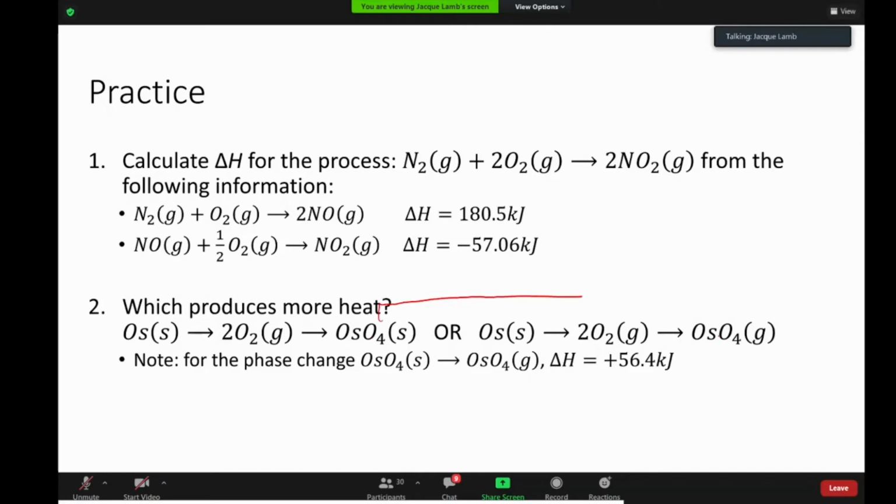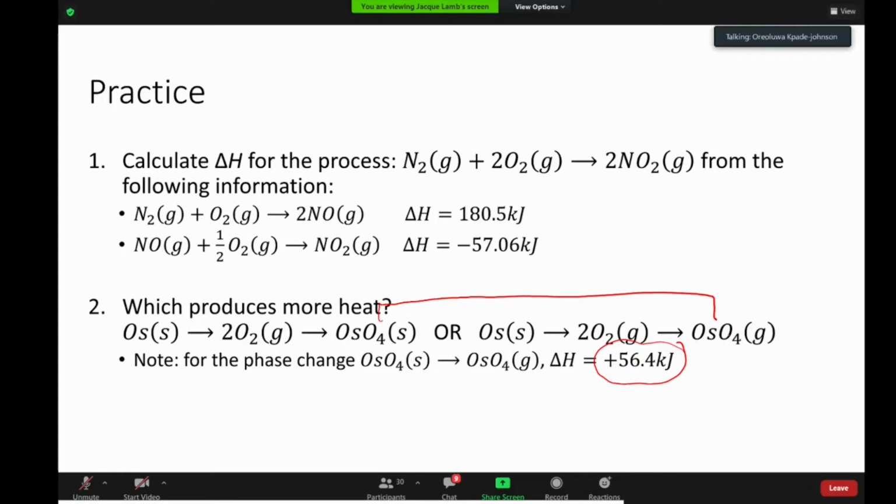To produce the gas, the overall reaction produces less usable heat because this amount of energy has gone into vaporizing the osmium tetroxide. So some of the heat from the reaction is used to vaporize the product. So the reaction produces less heat that's usable. Does that help? Oh, okay. Yeah, that makes sense. Thank you.